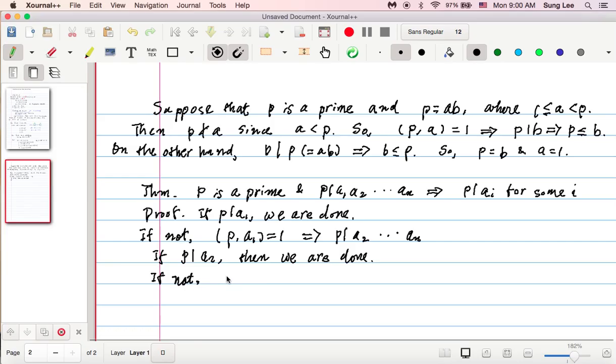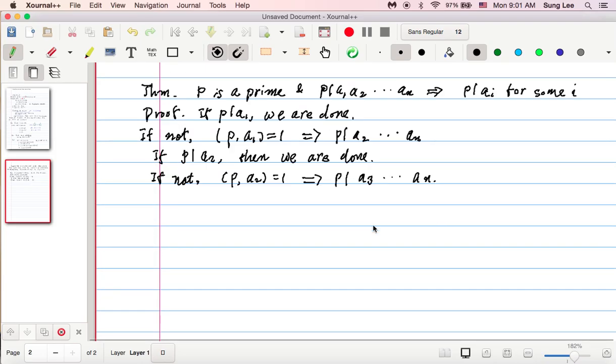If not, P and a2 are relatively prime. So this implies that P must divide a3 dot dot dot a sub n.